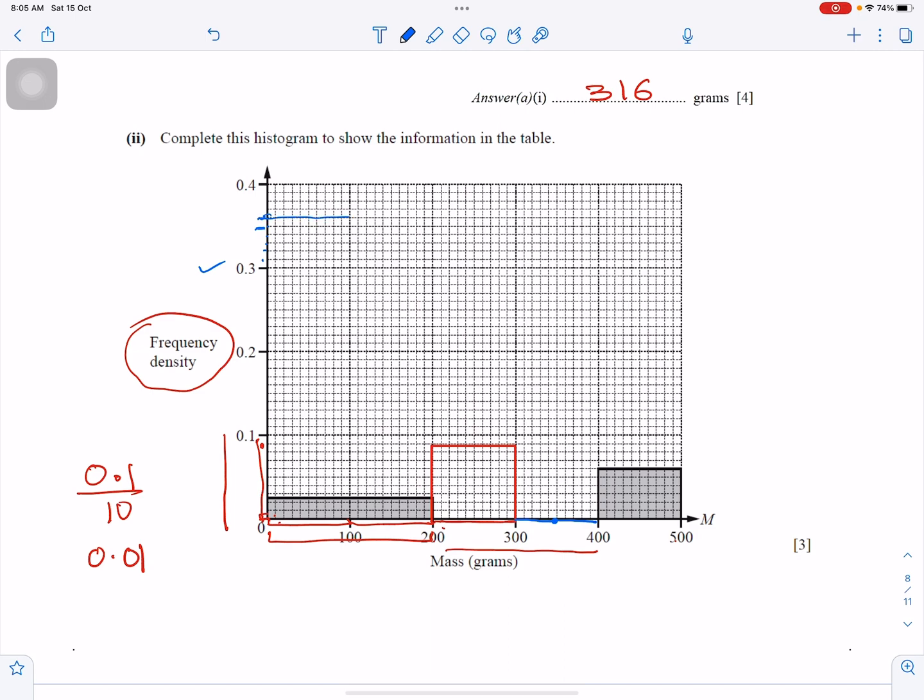So let me draw the line here to avoid. You will have a ruler, I don't have it here right now. So I'm just drawing the line here. I will erase it later. So now from the center, because it is 350 and there are 10 boxes, 1, 2, 3, 4, 5. So from here, I will draw a line till here straight. This is for the interval 300 to 350.